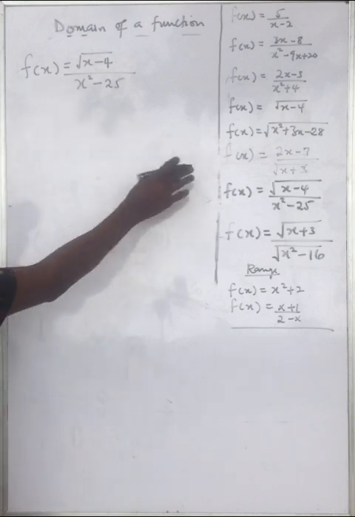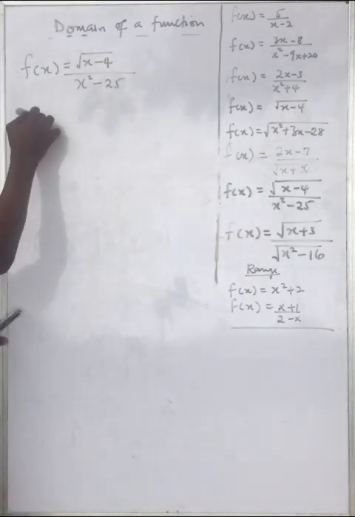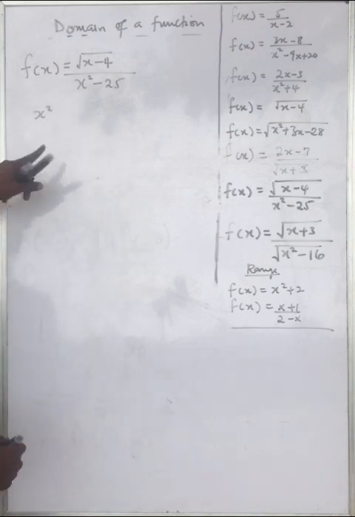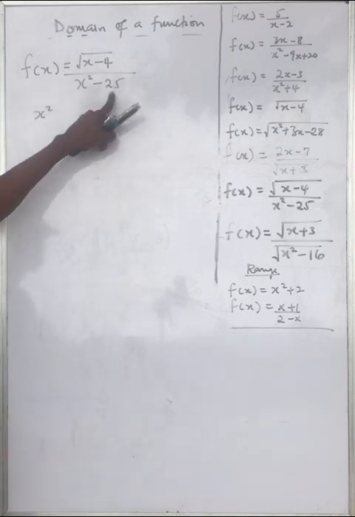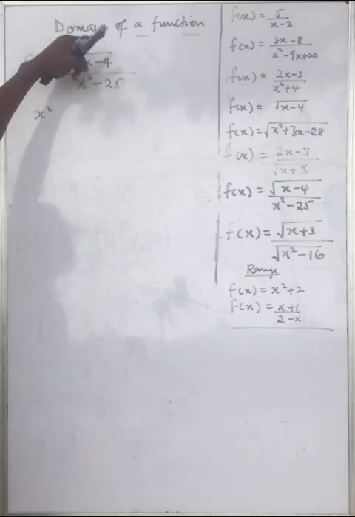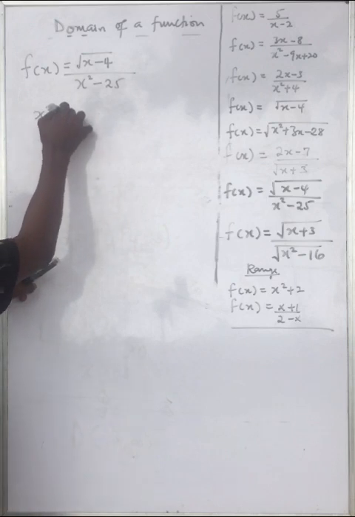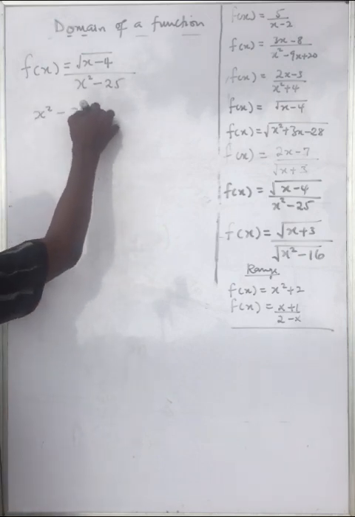The domain of the function, at first, let's test run this part here and see what we are going to have. It's going to be values of x that will not make this function undefined. In order for us not to get an undefined expression, this denominator must not be equal to 0. That means x squared minus 25 must not be equal to 0.